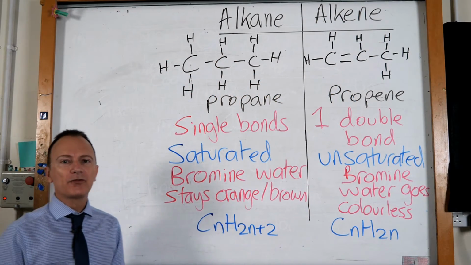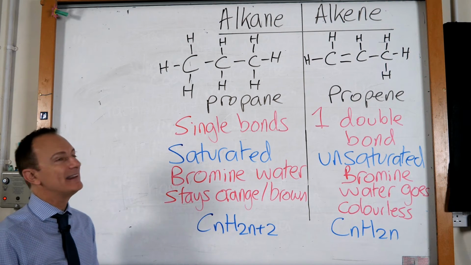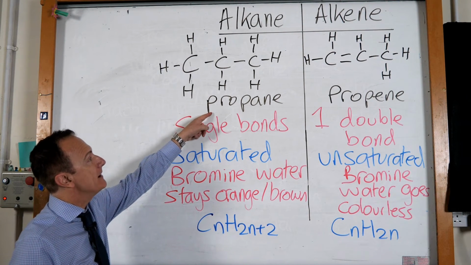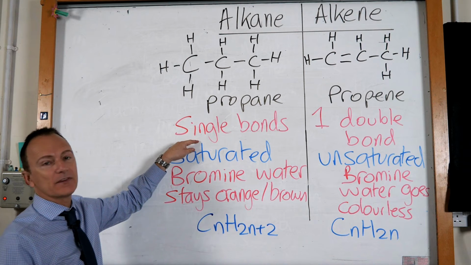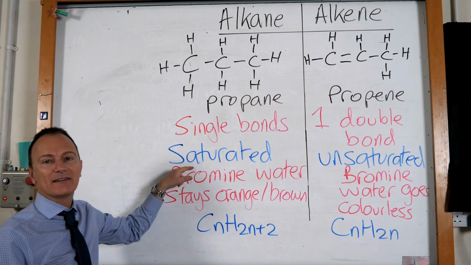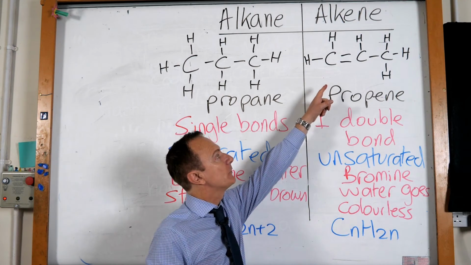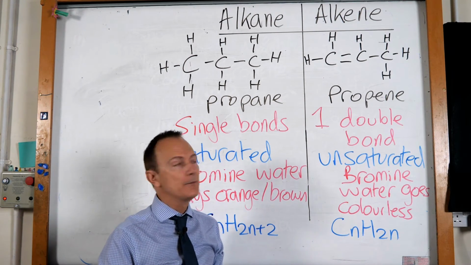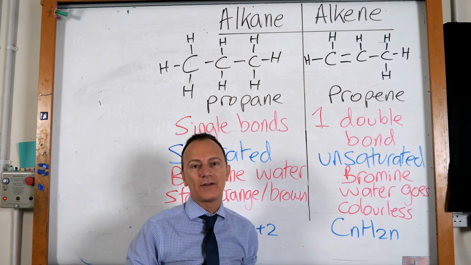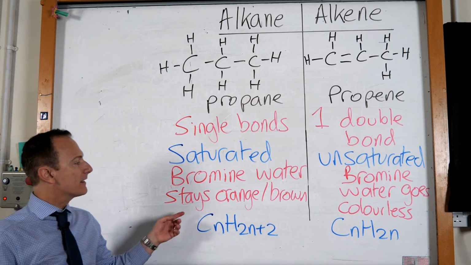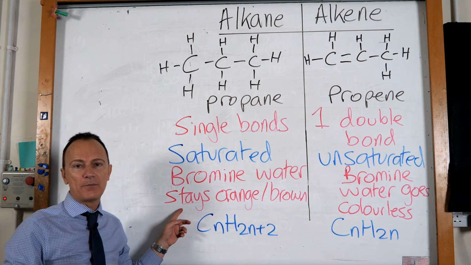Before moving on, we'll just recap on what we've learnt about alkanes and alkenes. So here we've got an alkane, this one is propane, and we can see it's only got single bonds, and that means it's a saturated molecule. Whereas the alkene has got that double bond between 2 of the carbon atoms, that means it's an unsaturated molecule. And when we test those with bromine water, the alkane would have no change on the bromine water.